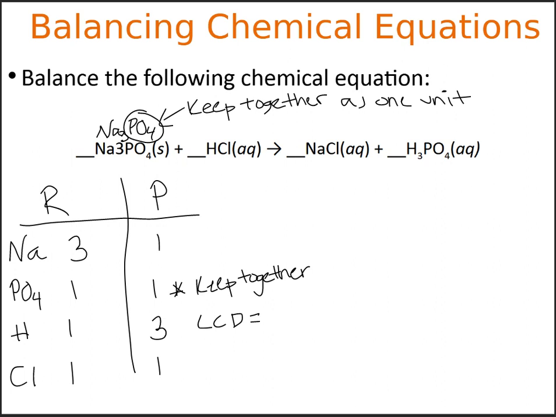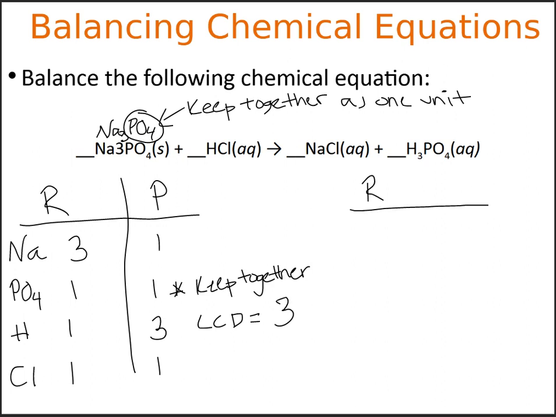Anyone else want to take a shot? Lowest common denominator. We have agreement. 3. So that's pretty easy. When it's 1 and another number, that other number is going to be the lowest common denominator. So that means we need to multiply our hydrogens on the reactant side by 3.